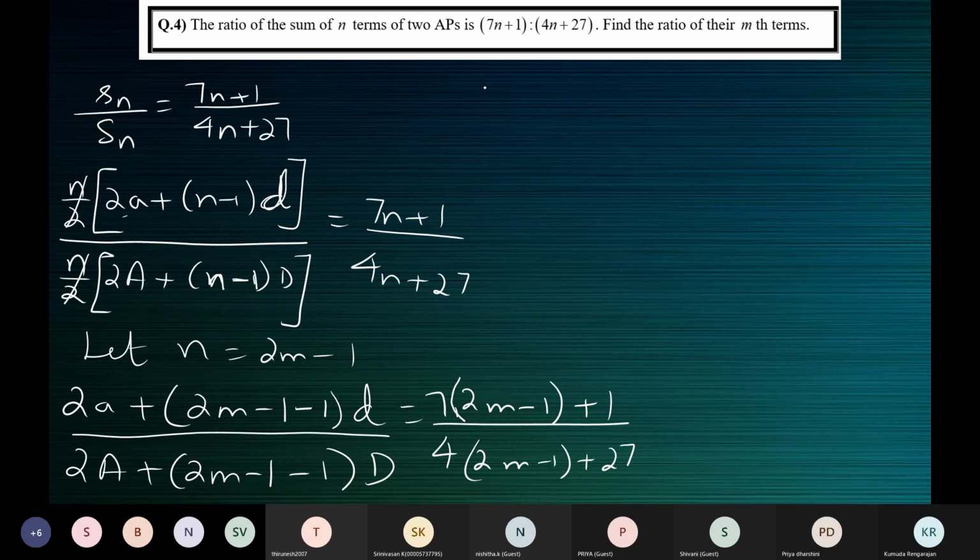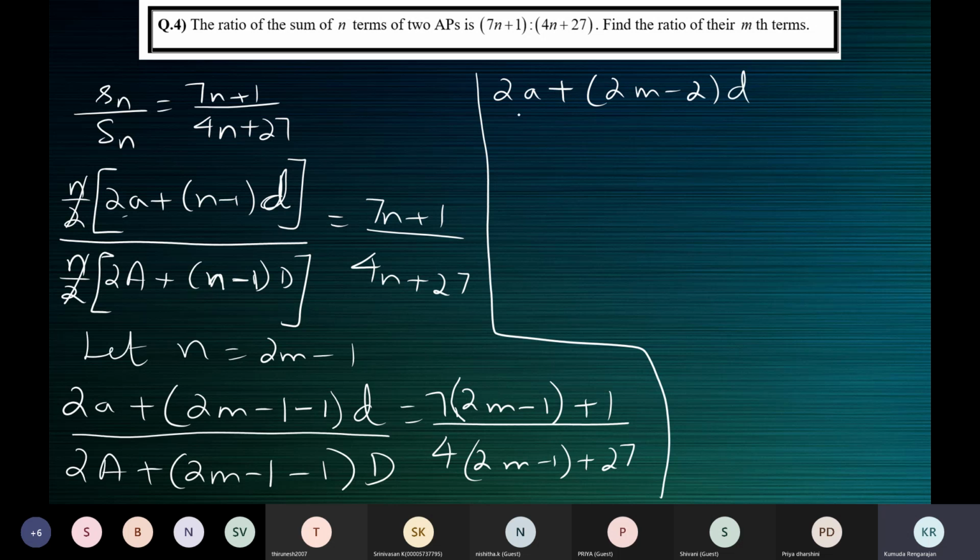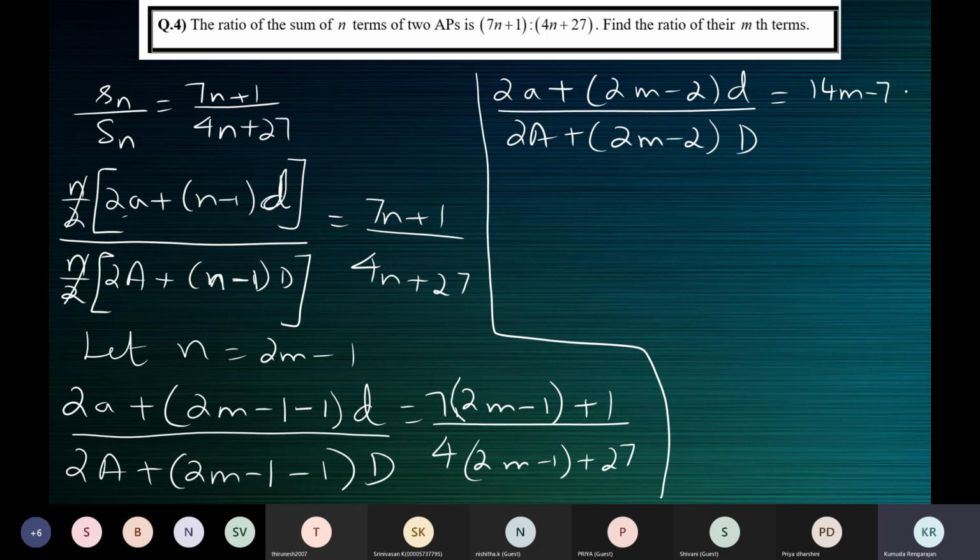Now, wherever you find n, replace that with the expression 2m minus 1. So 2a plus 2m minus 2 into d divided by 2a plus 2m minus 2 into d is equal to 14m minus 7 plus 1 divided by 8m minus 4 plus 27.